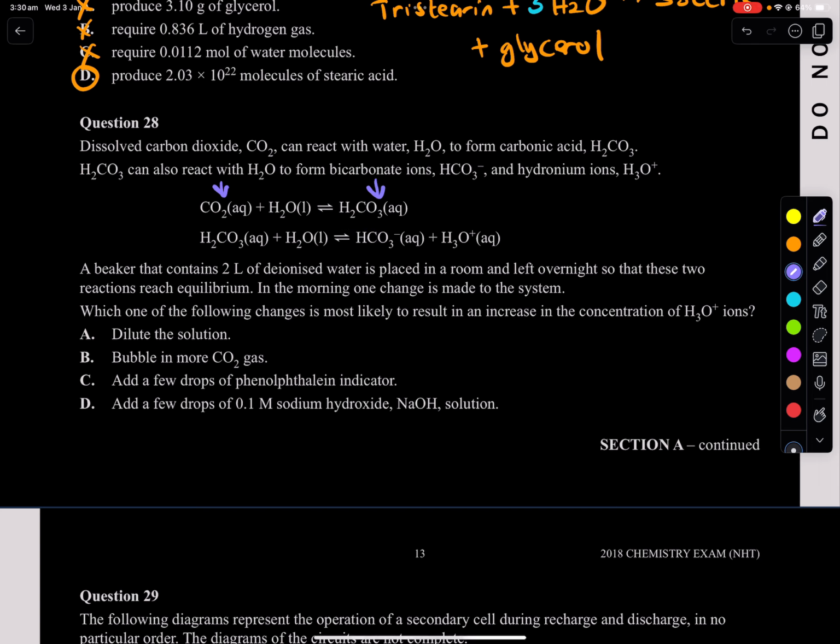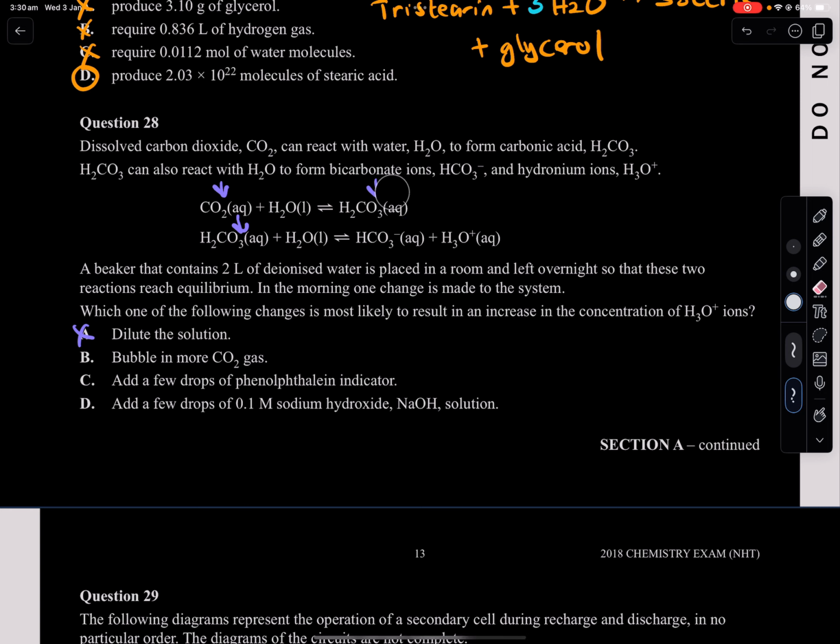If that decreases, let's go back to the second equation. This H2CO3 is decreasing, I need to compensate for that. So I'm going to move the reaction to the left, to increase this. So the H3O+ will decrease because we're moving to the left. So that's not a good way. That's not increasing the hydronium ions. That will actually decrease it.